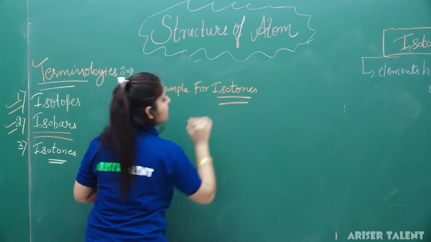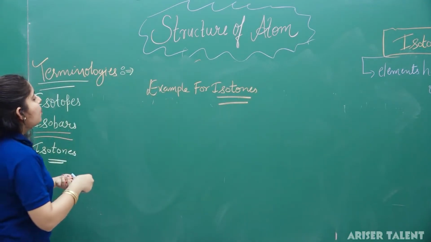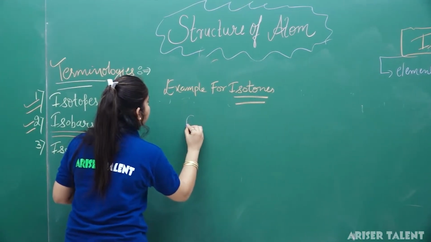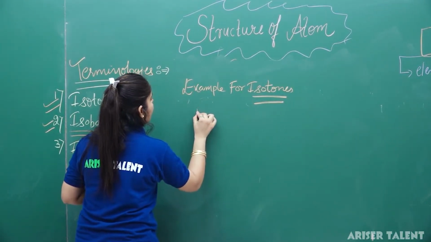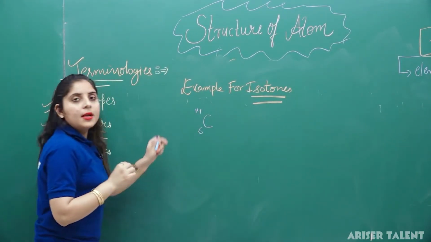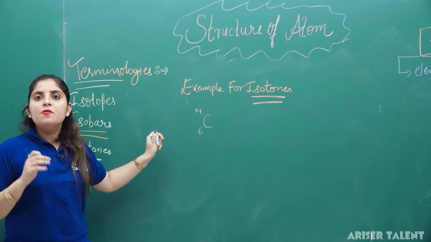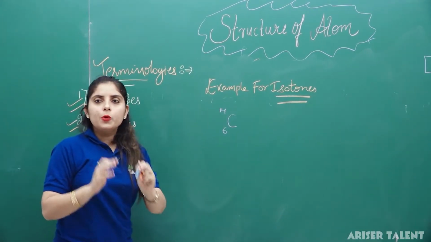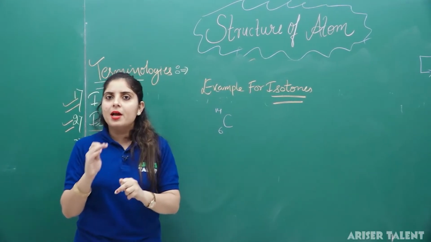Isotones means the same number of neutrons. We have taken an example of carbon 6 14, carbon exists in two isotopic forms, that is carbon 12 and carbon 14.